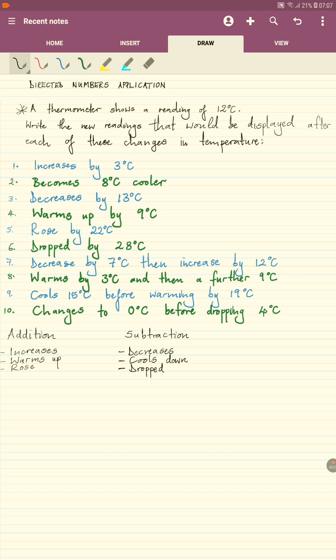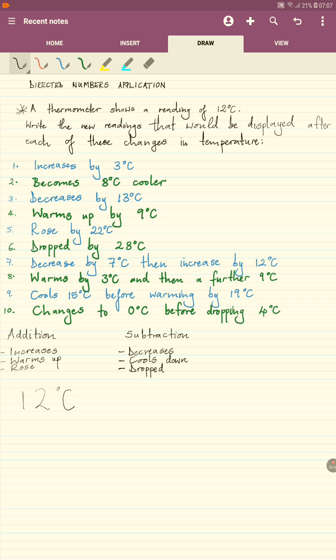So the base value that we're going to be dealing with is 12 degrees Celsius. When we add, we are adding to 12 degrees Celsius. When we subtract, we are subtracting from 12 degrees Celsius because that's the value that we have been given.